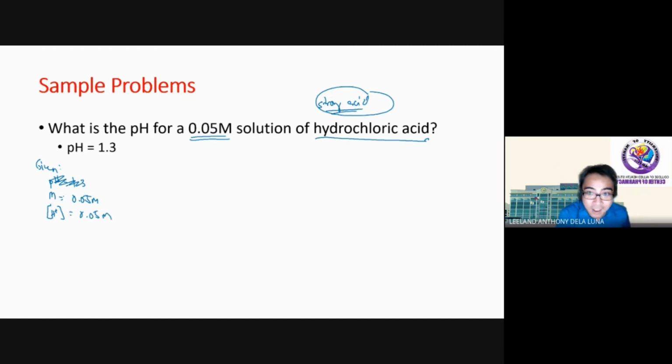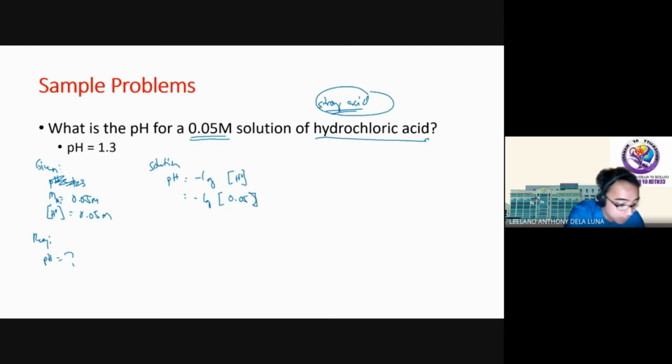So, what was given to me is the concentration of my HCl, the molarity of HCl. So, how did I solve for this? Required is pH equals unknown. So, the solution, class, didn't we say pH is simply negative log of your hydrogen concentration? So, negative log 0.05. Again, class, it should always be expressed in molarities.